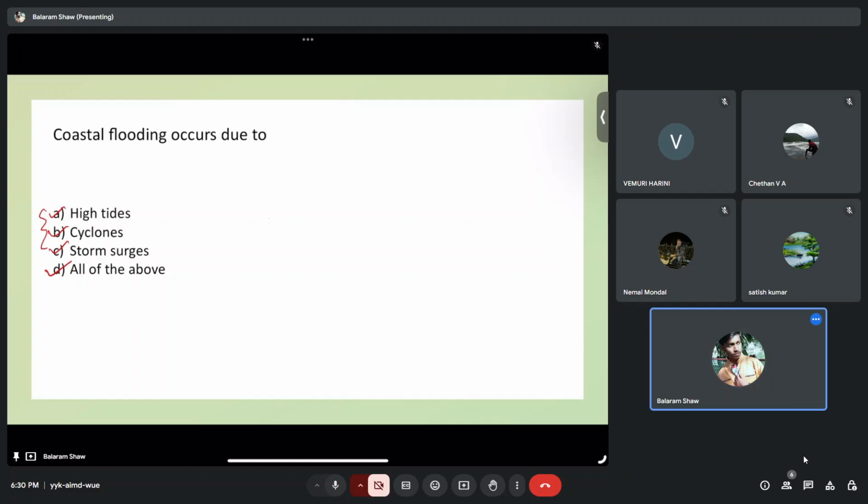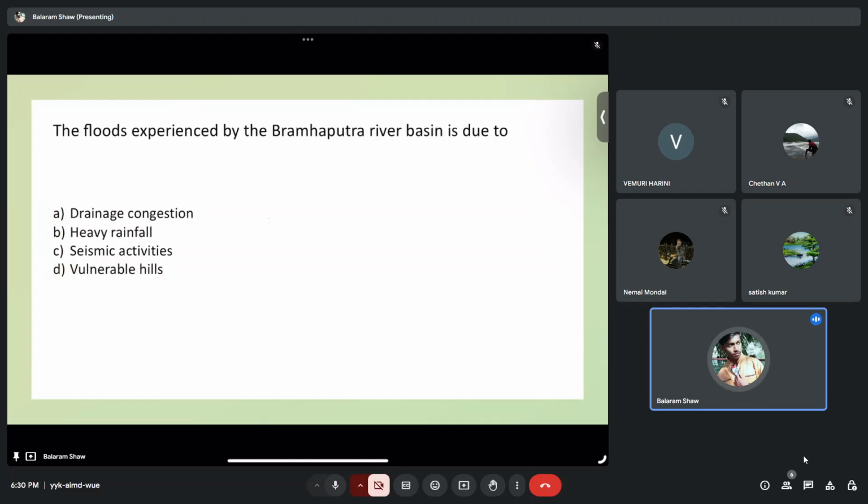Okay. Next question is, the flood experienced by the Brahmaputra river basin is due to. Mostly in the Brahmaputra region, the Brahmaputra is a very large river, right?